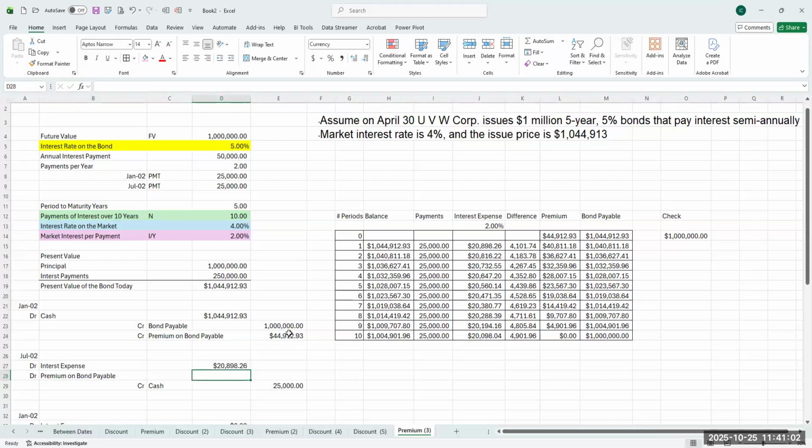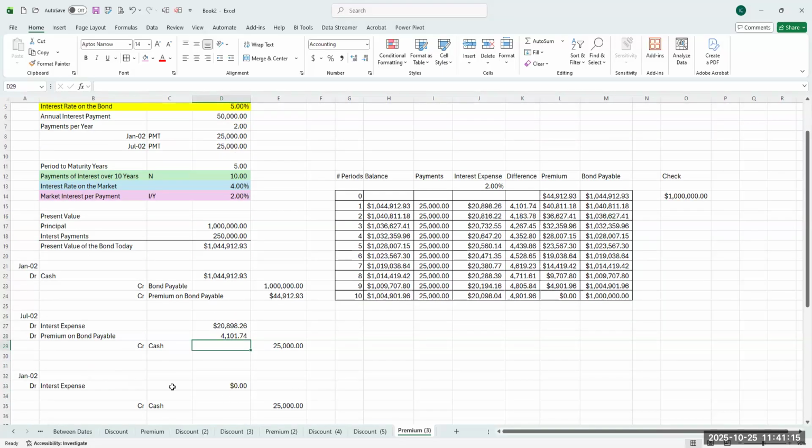Since I created the premium on the credit side, on the debit side it's going to start reducing it until I bring it down to 0. How much am I going to reduce the first period? 4,101.74. Next period, I just have to do exactly the same. Get the interest expense.